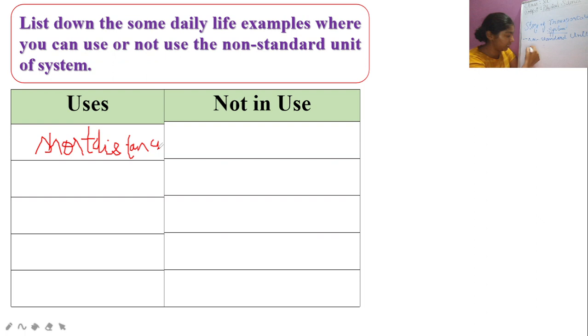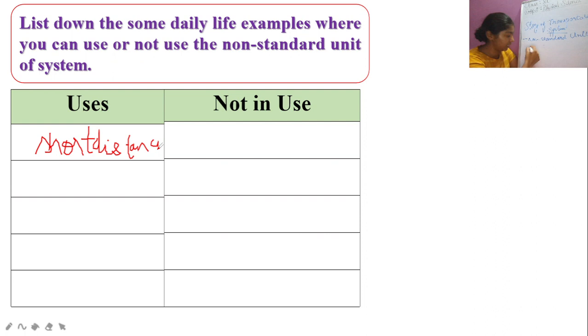I will not use the cubit or hand span or foot span. It is very difficult for me to measure how much distance I have traveled, right? It's very time consuming, right students? In some situations we can easily find it, and there I will use this. But if there are no standards, we do not get a proper accurate measurement, students. So sometimes we lack in that measurement, but we do it for certain situations.